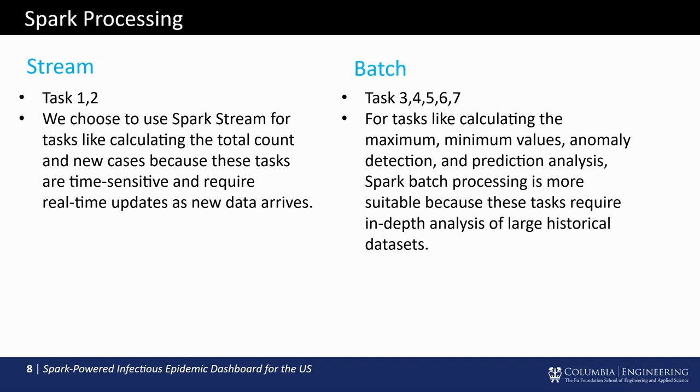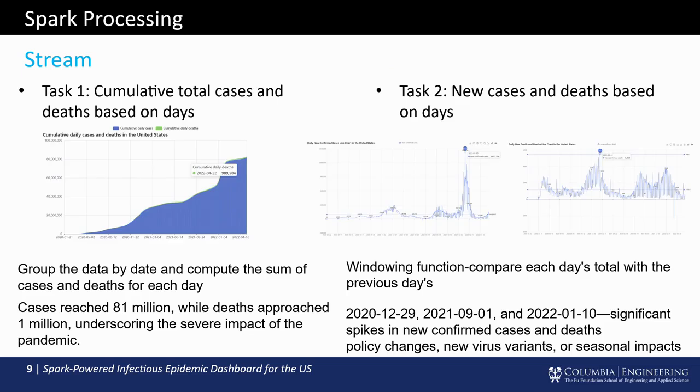For the Spark process, we use both stream and batch. Tasks 1 and 2 are time sensitive and require real-time updates as new data arrives. Tasks 3 to 7 require in-depth analysis of large historical datasets. For stream task 1, we group the data by date and compute the sum of cases and deaths for each day.